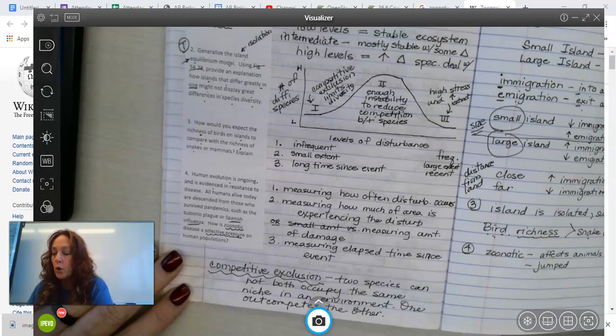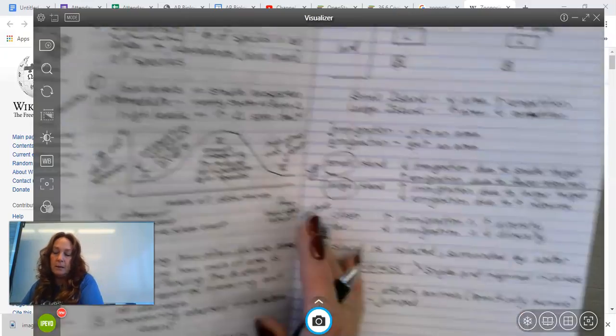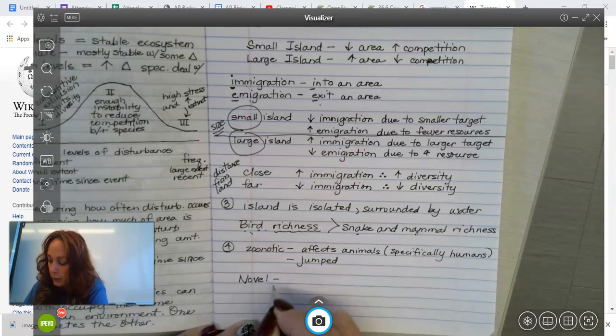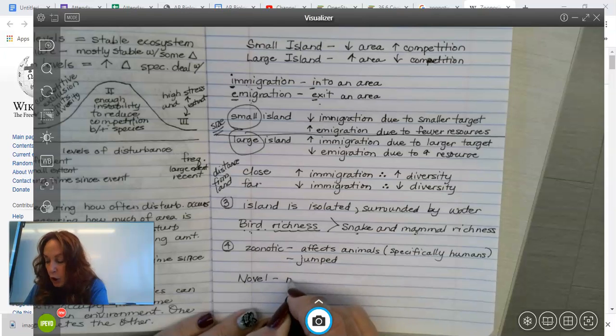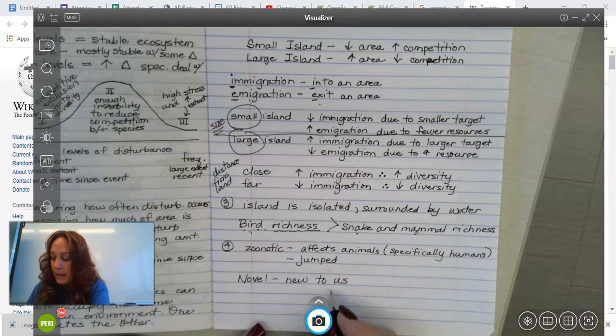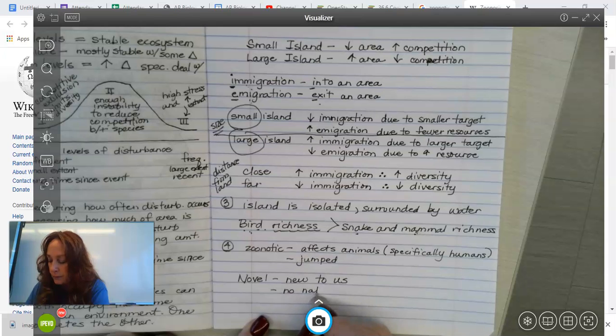That's what the word novel means. Novel means new, and really you want to think about it this way, new to us. So when something is novel, you have no natural immunity.